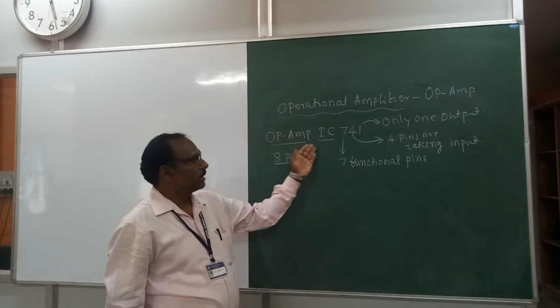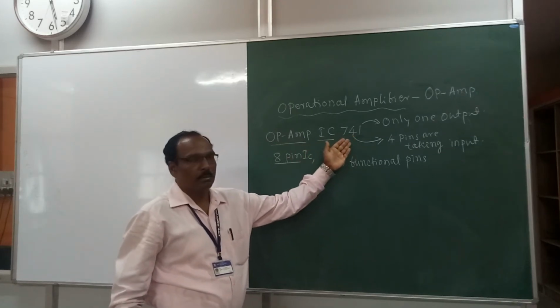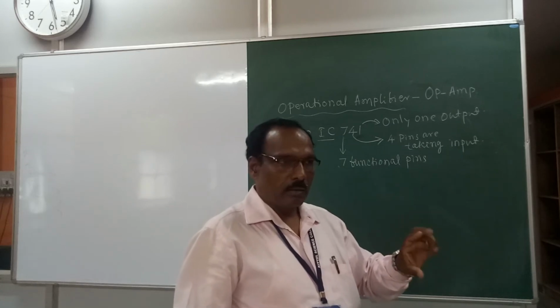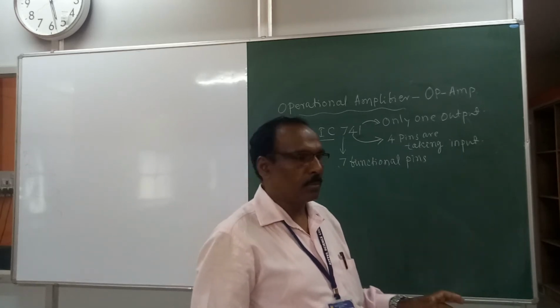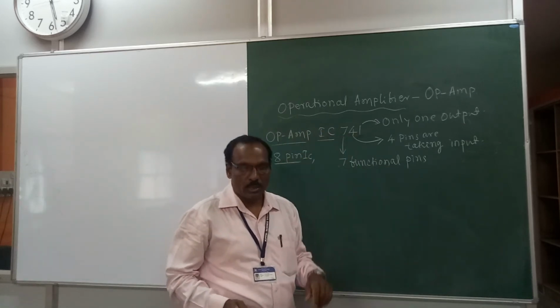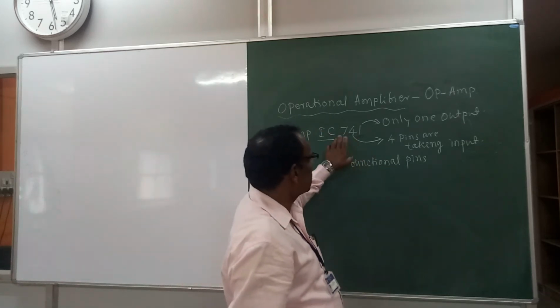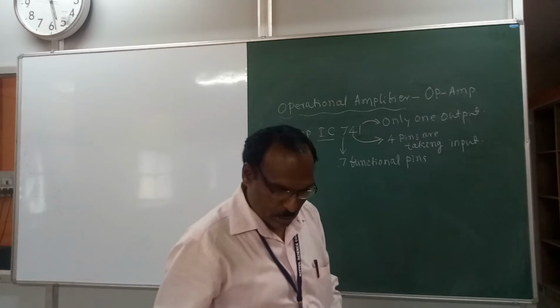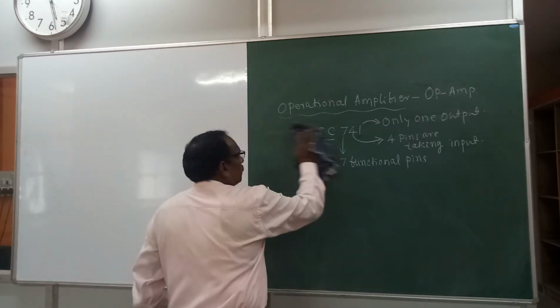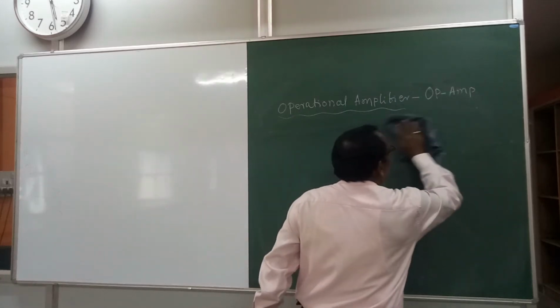This is why it depends upon the number. Every IC will have some number, and there will be some particular reason for giving that number. For this IC, these 3 points are to be remembered.